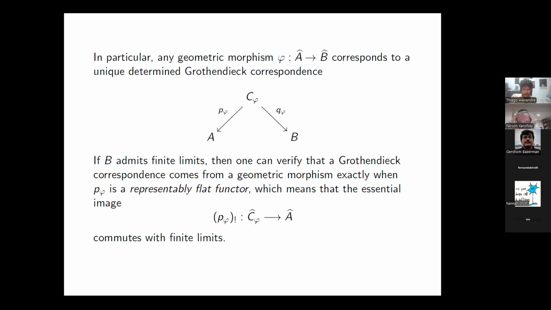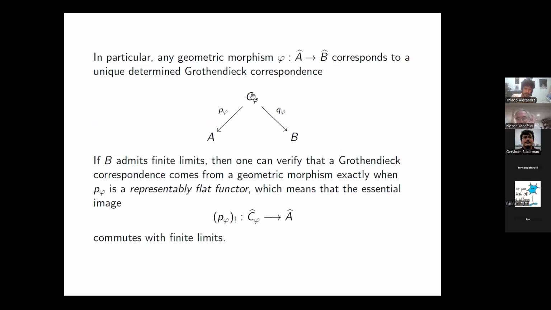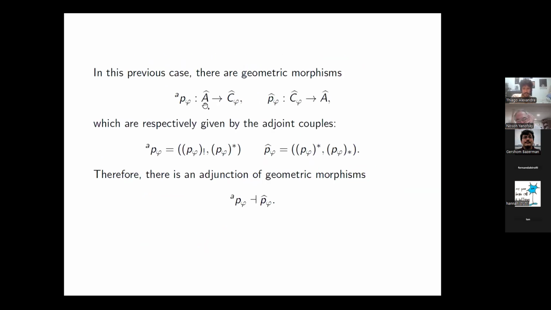So in this previous case, we can actually form two geometric morphisms from P phi here, from this projection. We have a geometric morphism from A hat to C hat phi, and the canonical geometric morphism associated to P, the P hat, right?